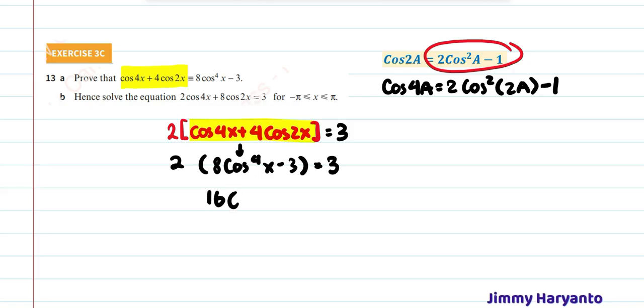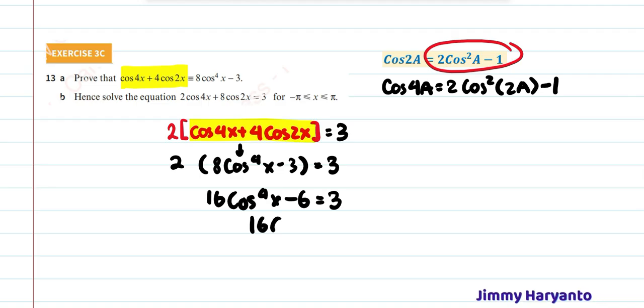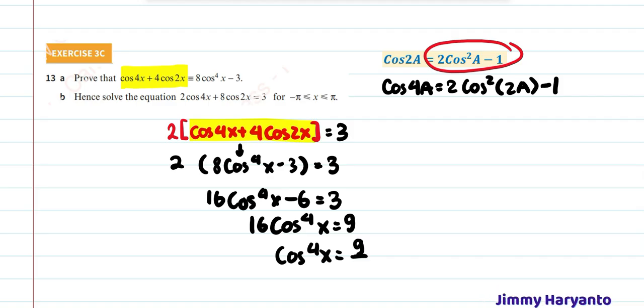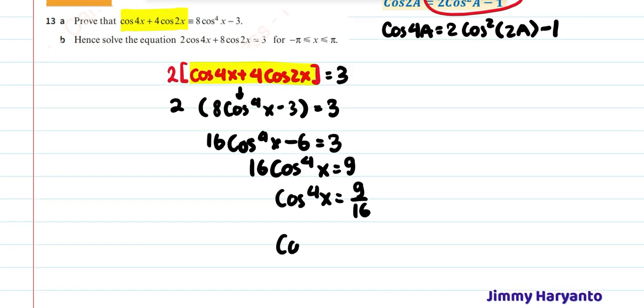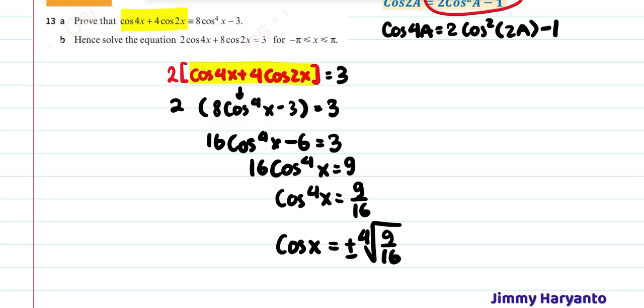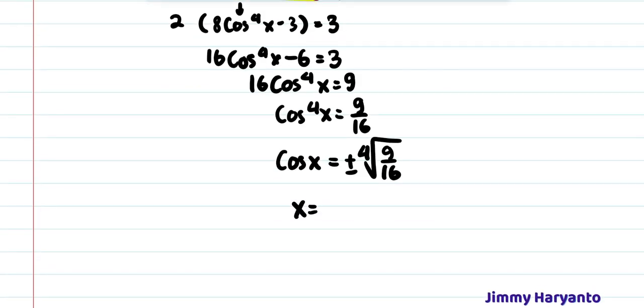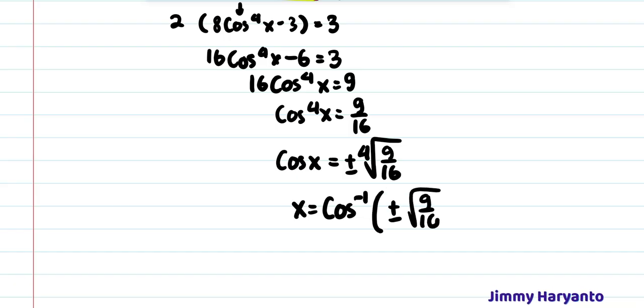So 16 cos to the power of 4x minus 6 equals to 3, and then I will move the 6 to the right hand side, it will become 9, and then cos to the power of 4x equals to 9 over 16, and then cos x equals to, move the powers, it will become the fourth root of 9 over 16, and then the x will be cos inverse of plus minus the fourth root of 9 over 16.